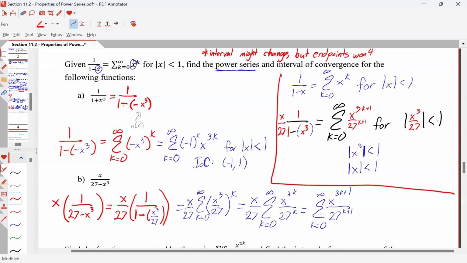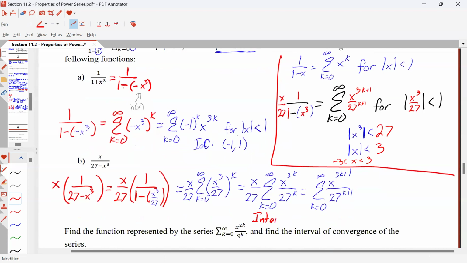Working that out, multiplying everything by 27, we get x cubed is less than 27. Taking the cube root of 27 is 3, meaning x is between 3 and negative 3. So the new interval of convergence is negative 3 is less than x is less than 3.